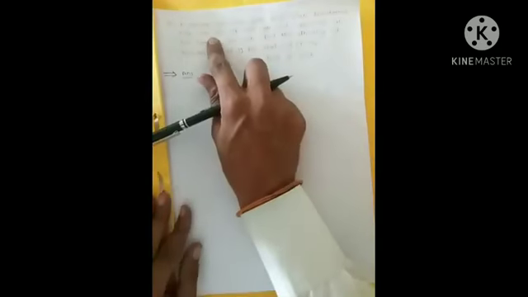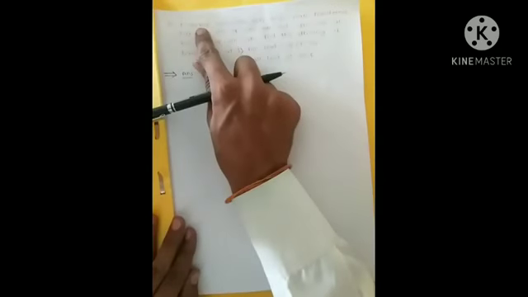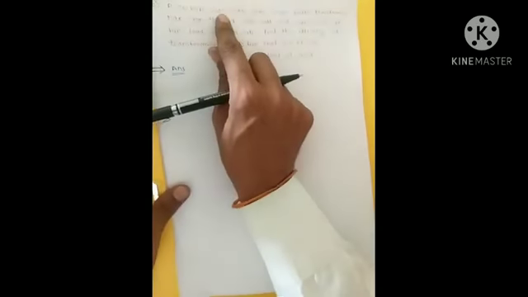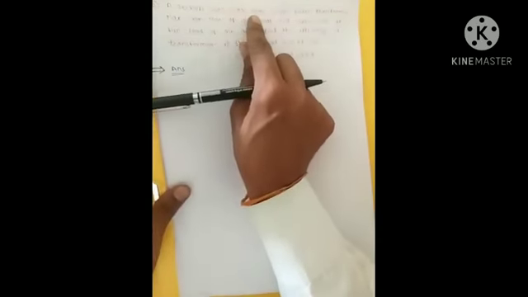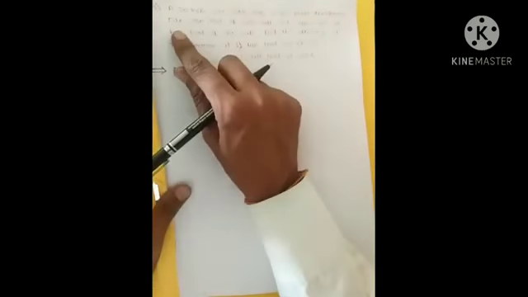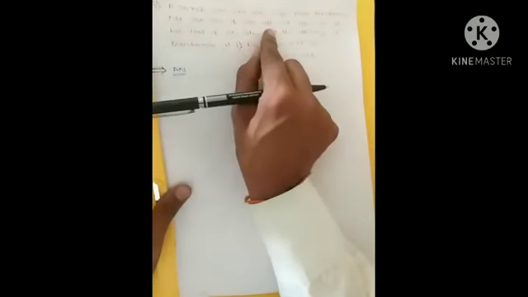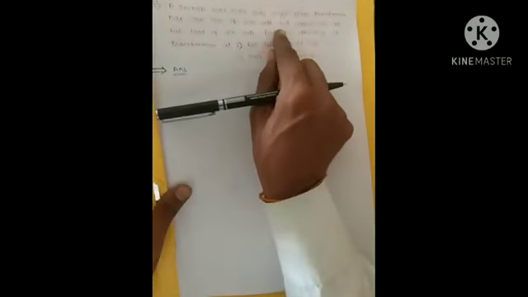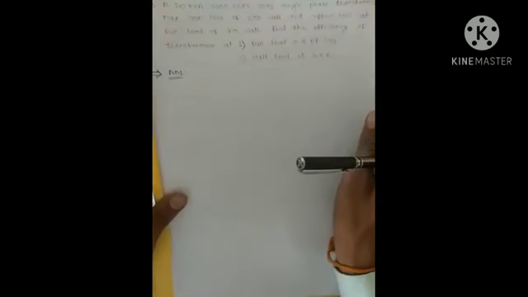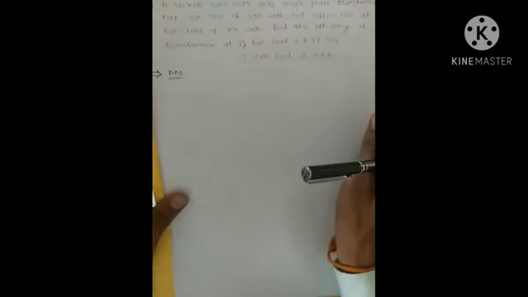What is the numerical given? A 20 kVA, 330 by 220 volt, 50 Hz single phase transformer has iron loss of 250 watt and copper loss at full load of 410 watt.